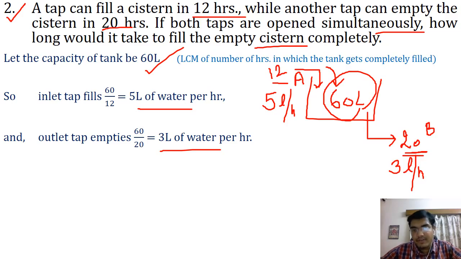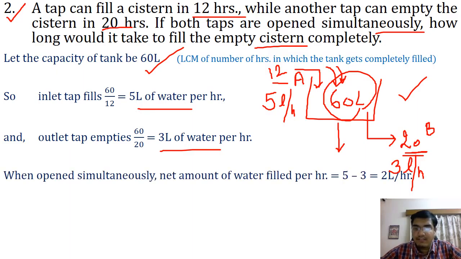Now if both of these taps work for 1 hour, what will happen? 5 liters will go in and 3 liters will go out. So effectively, how much amount of water will get filled per hour? That is 2 liters per hour. 5 minus 3, right?